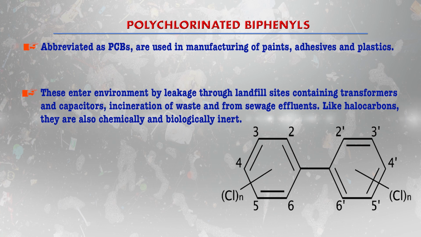Then incineration of wastes, or the sewage effluents. So, leakage of all these things from the landfill sites leads to their accumulation in the environment, and just like halocarbons, they are also chemically and biologically inert molecules.